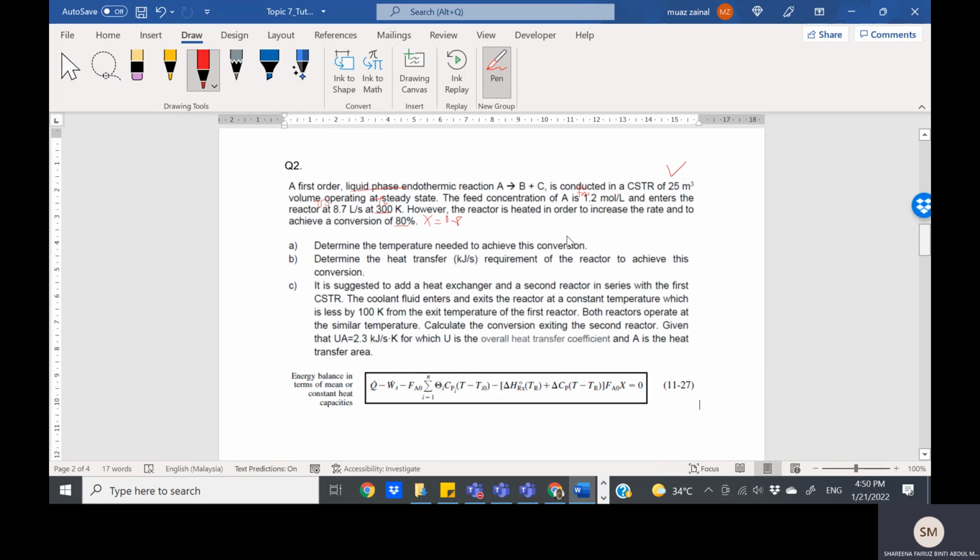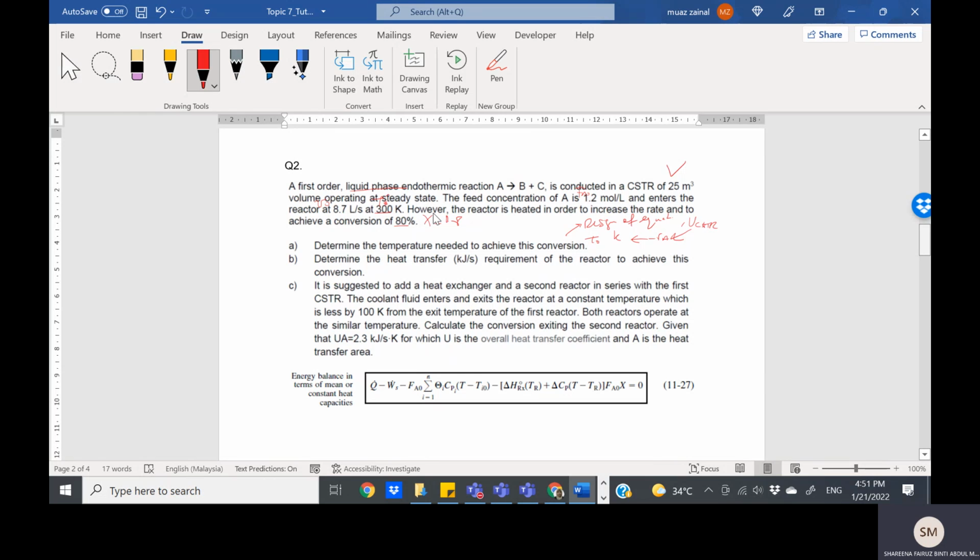You have to start with the design equation, which is V equals VCSTR. This VCSTR is related with negative rA, and negative rA is related with the K. So you need to relate this K with the Arrhenius equation in order to get the temperature. This would become the maximum outlet temperature, and this is the inlet temperature, Ti.